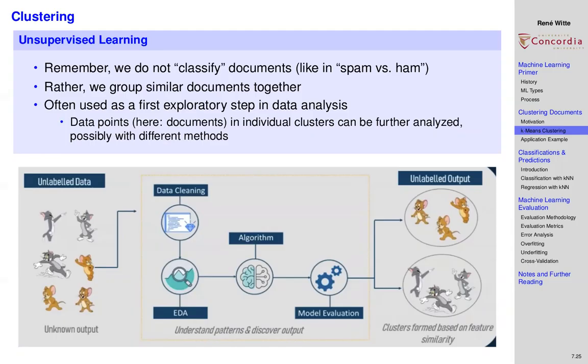So in unsupervised learning, we don't give our output a label like cat versus dog or Tom versus Jerry. We just group them together based on some kind of similarity. So in the context of document analysis, this can be seen as a pre-processing step, because you can then look into the clusters in more detail. And then you can analyze these subgroups further with additional methods, and some of them we're going to see later in the course.